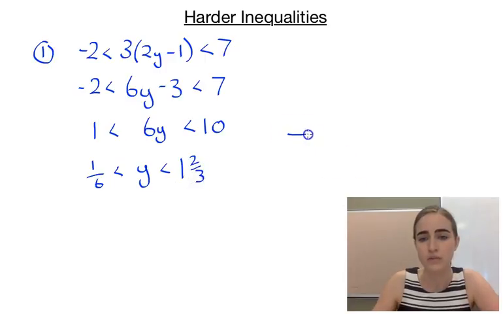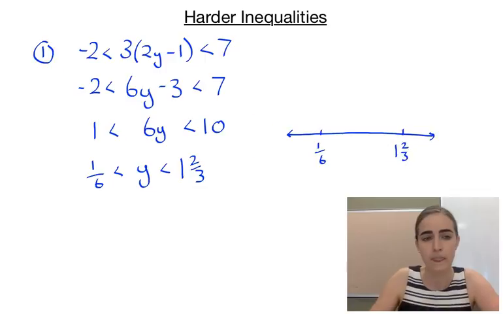To sketch that, we have our number line with 1/6 and 1 and 2/3. Because that's a less than sign, not a less than or equal, there are open circles at those two values, and it's the whole section in between that we're colouring in.